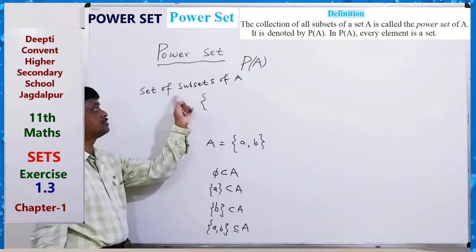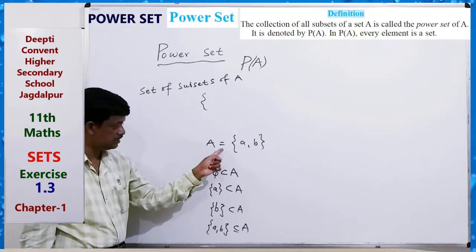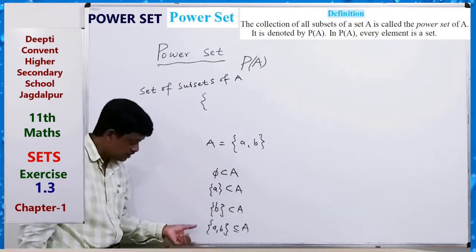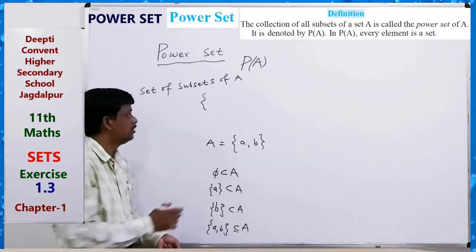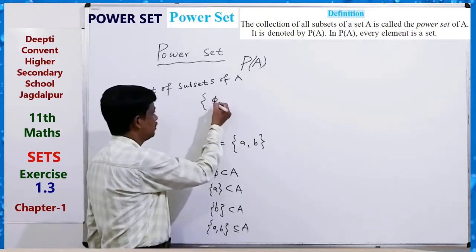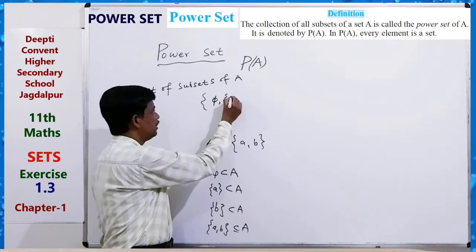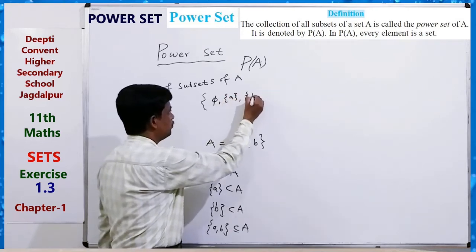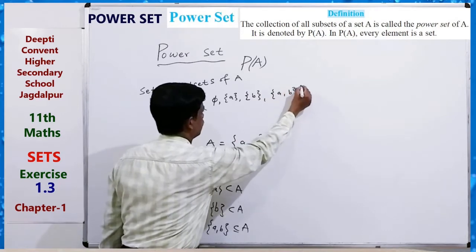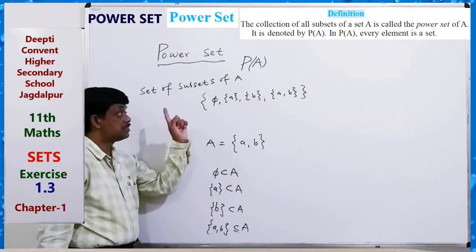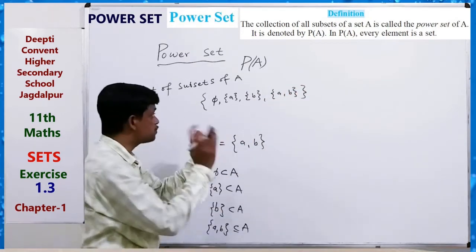Set of subsets of A. Here A is this. These are the subsets. A set containing the subsets of A. That is 4. Phi, {A}, {B}, {A, B} will always be there. This is the set of subsets.